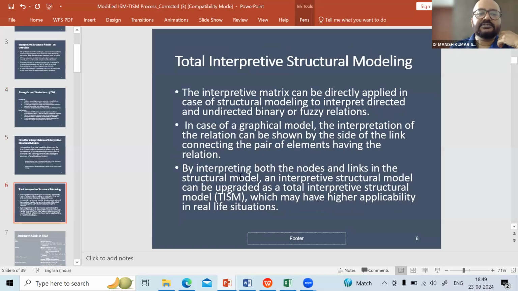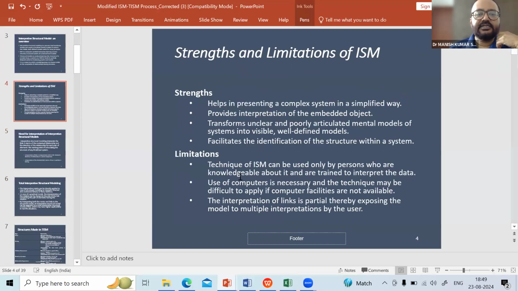Then what is the limitation? The limitation is that we have very few knowledgeable persons. Suppose you are going to get your questionnaire filled by some people; you will not find many people who know about virtual influencer marketing or virtual influencers. Many people may not be considered experts. So where do we get experts who have the proper information?